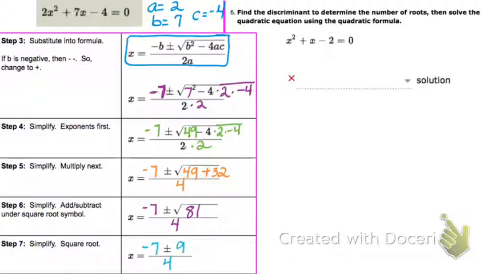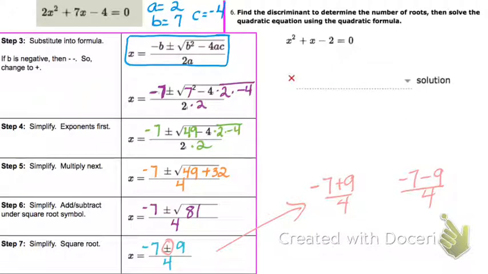And then the very last step, because now we say that it's negative 7 plus 9 divided by 4, or negative 7 minus 9 divided by 4. So you just want to see what each of these are.